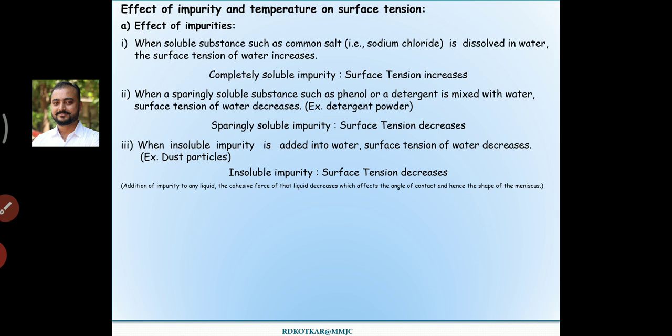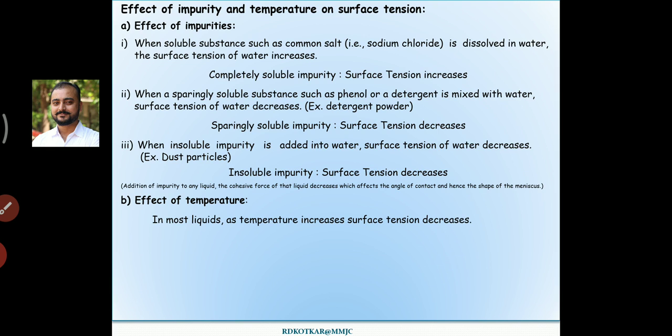Okay, next point is the effect of temperature on surface tension. In most liquids, as temperature increases, surface tension decreases. It's common for all liquids: temperature increases, surface tension decreases. And that's the reason for the example I just explained.